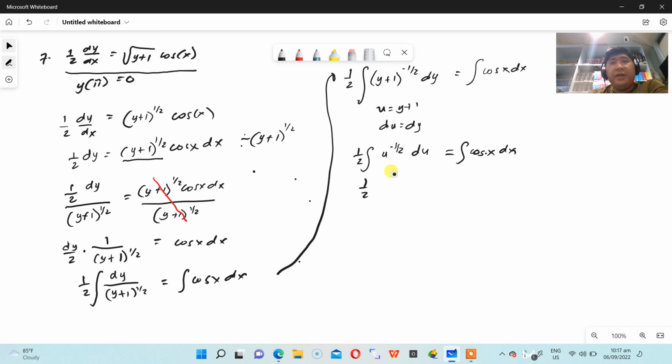So you have 1/2 integral of this, that is u raised to the power of negative 1/2 plus 1 over negative 1/2 plus 1. Okay, sorry. U to the negative 1/2 plus 1 over negative 1/2 plus 1.